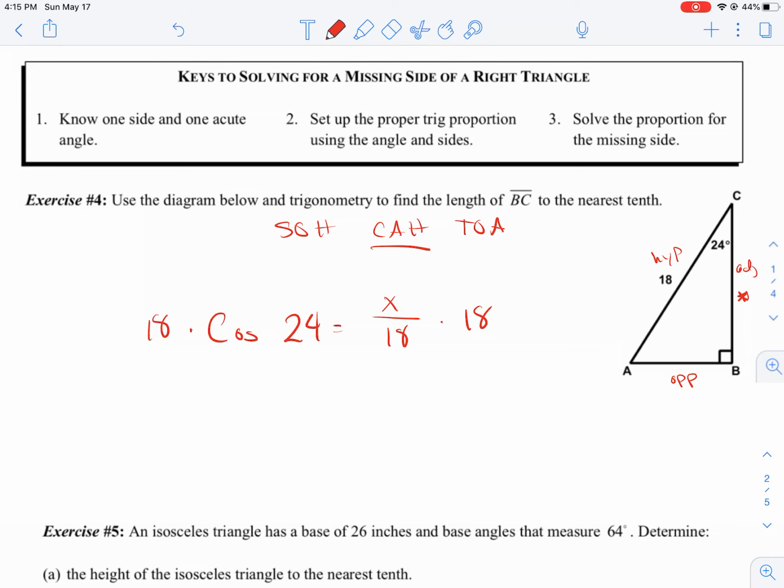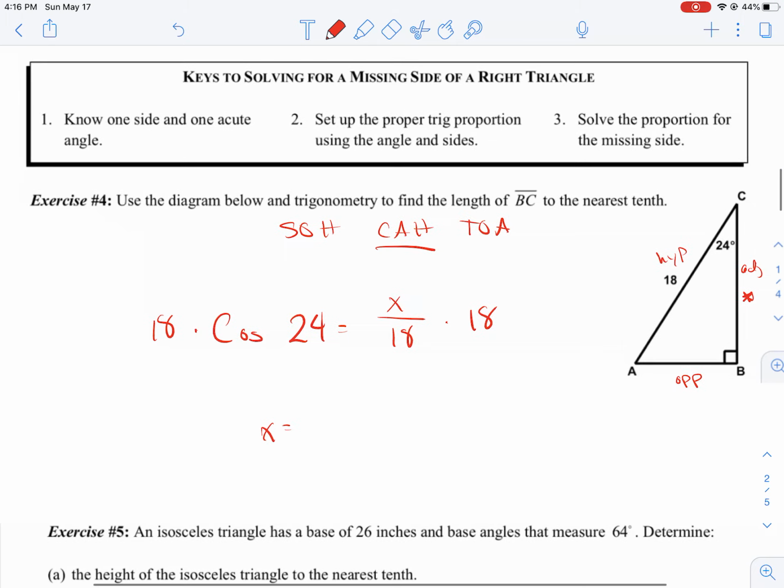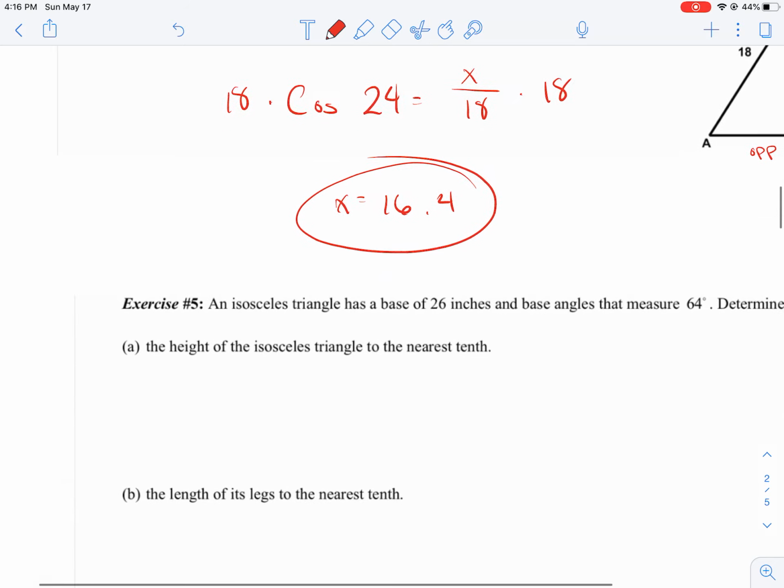Multiply both sides by 18. And so x is equal to the cosine of 24 times 18. And you get 16.4, rounded to the nearest tenth. And that's the length of BC. There you have it.